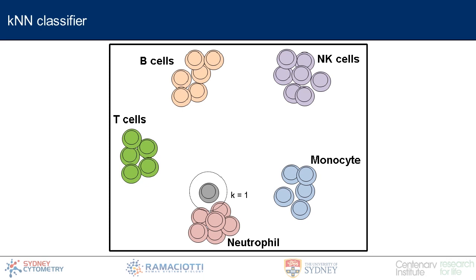So in this case, if we take our new cell, we look at its closest neighbor, we find that its closest neighbor is a neutrophil, and so we apply that label to that cell. If we then take another cell, we look at its nearest neighbor, we find maybe that's most similar to an NK cell, and so it gets the NK cell label. And we essentially repeat this process for as many cells as we have in a data set. This isn't absolutely robust to any kind of variance.